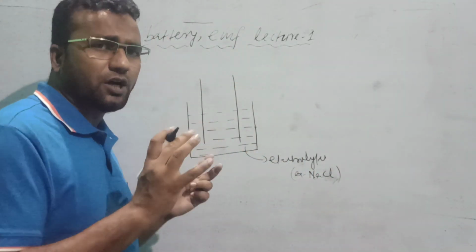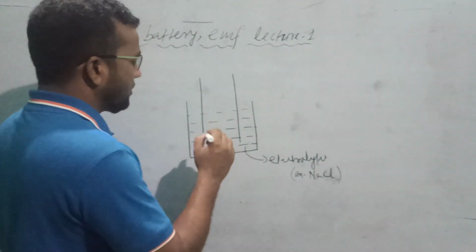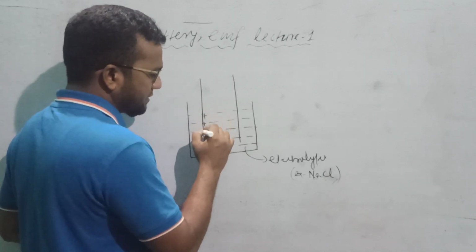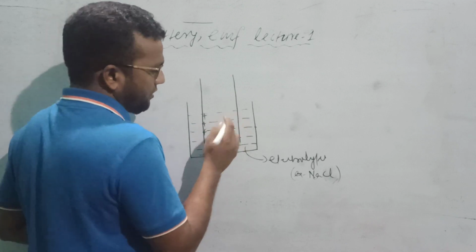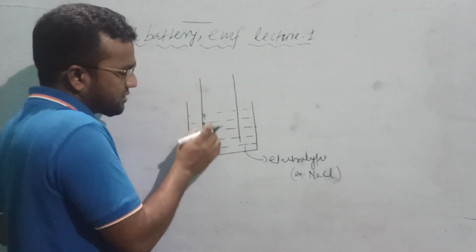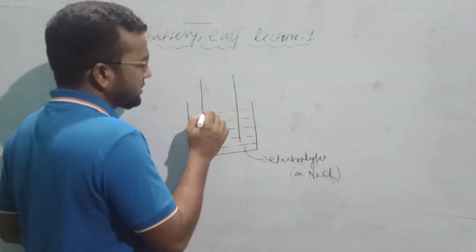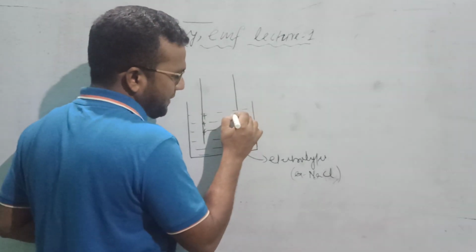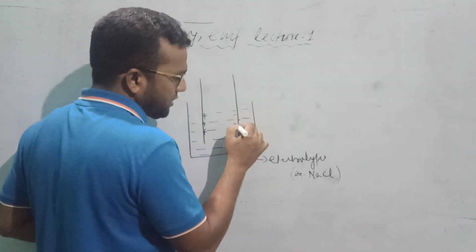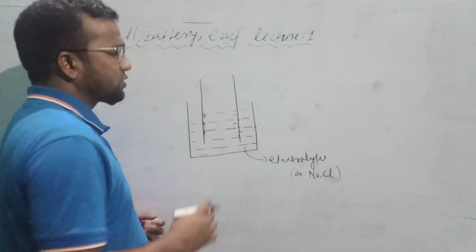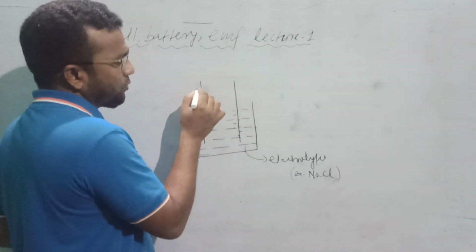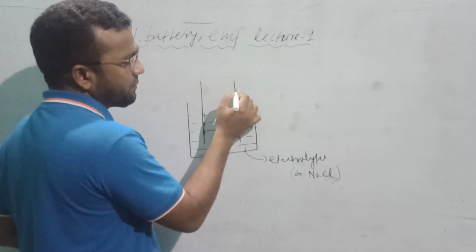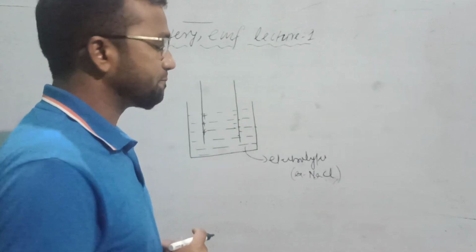After the phenomenon of electrolysis, positive ions are concentrated, or we can say attached, to this electrode, and negative ions are attached to the other electrode. So this will be the positive potential and this will be the negative potential.